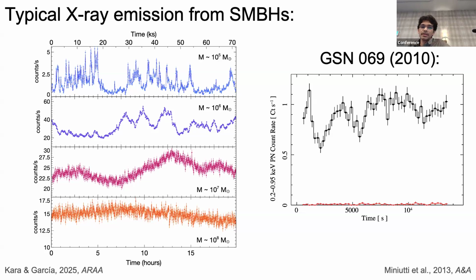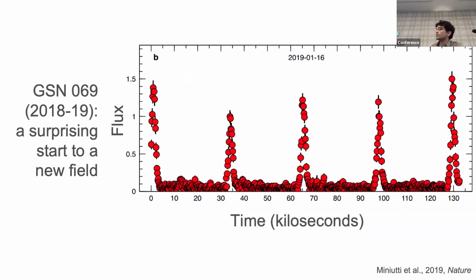And this was very much the case in GSN 069, this other peculiar but mostly unexceptional galactic nucleus, at least in 2010. But then Giovanni Miniutti and his collaborators obtained follow-up monitoring of this source and were rewarded in 2018 with the discovery of a totally new, unprecedented type of X-ray variability from this galactic nucleus.